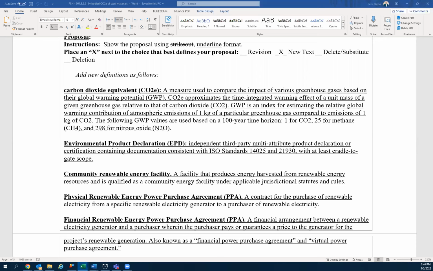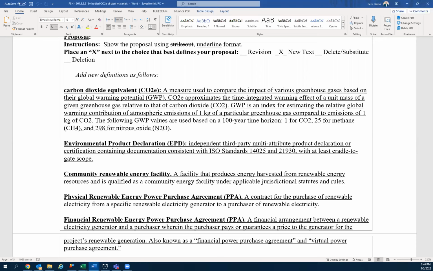Scope 1. Okay, so I want to kind of step back. I'm trying not to go too far down the rabbit hole here, but currently environmental product declarations do not include offsite renewable energy. And there may be a benefit for that, and there may not be. It's dependent upon the product category rule, the PCR, which sets the rules for the development of the environmental product declaration.